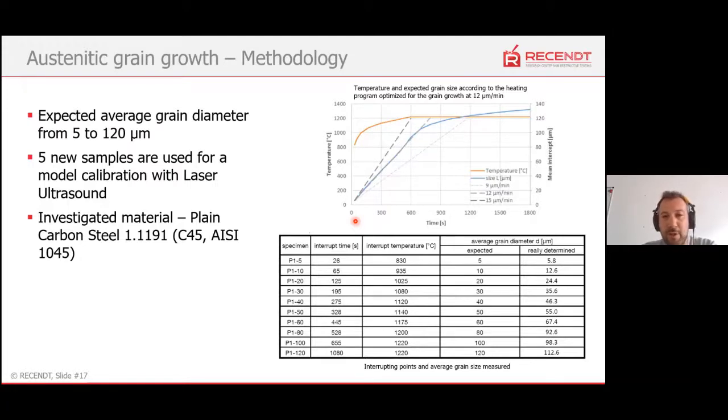Afterwards they were analyzed for average grain diameter to get a good overview of what's happening in the material. We have afterwards used 5 new samples for the model calibration with laser ultrasound.